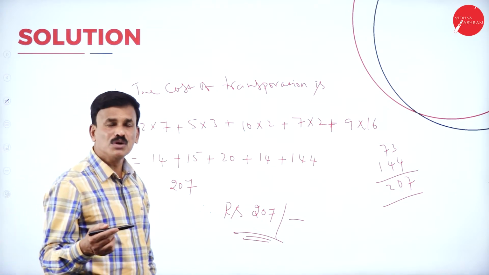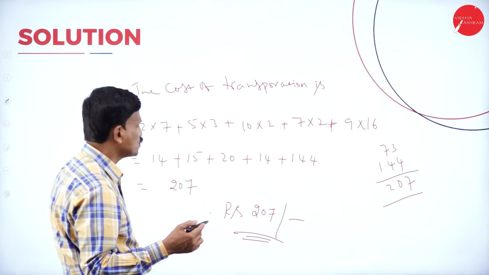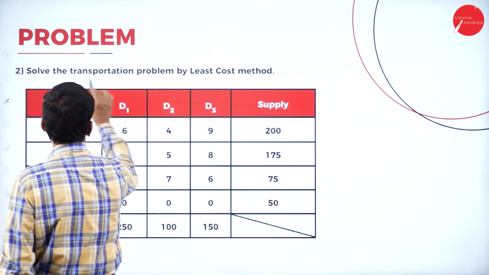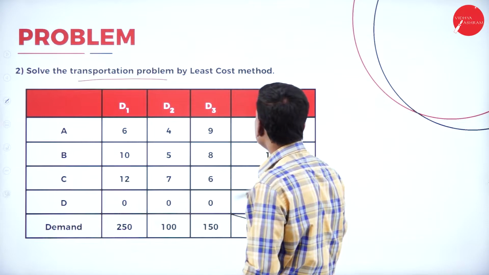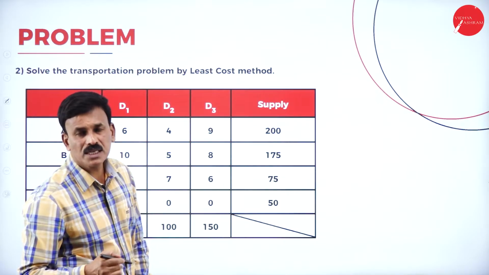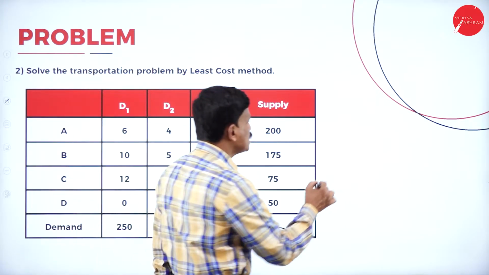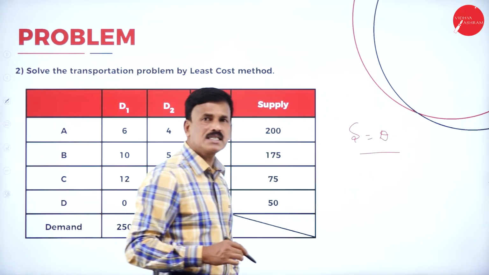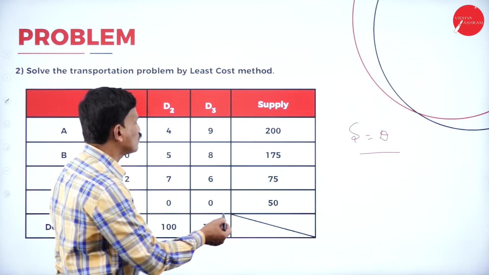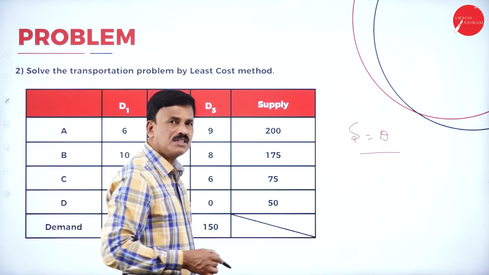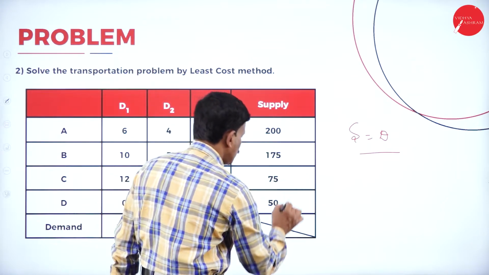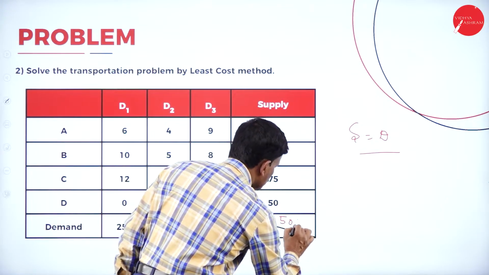Now let me take one more problem. I will teach one more problem so that you will have an idea how to solve this. Now let us come to the next. Solve the transportation problem by least cost method. Check whether the given problem is balanced or not. How to verify? If the supply and demand are equal, then it is a balanced transportation problem. 175 plus 75, 250, 250 plus 50, 300, 300 plus 200, it is 500.